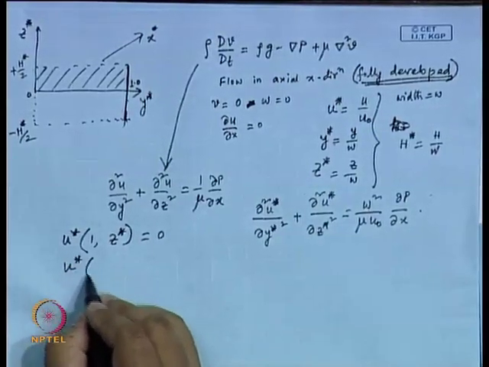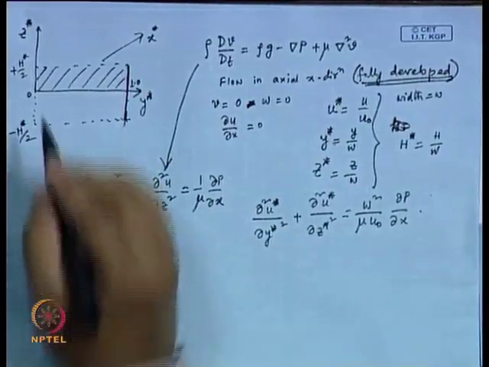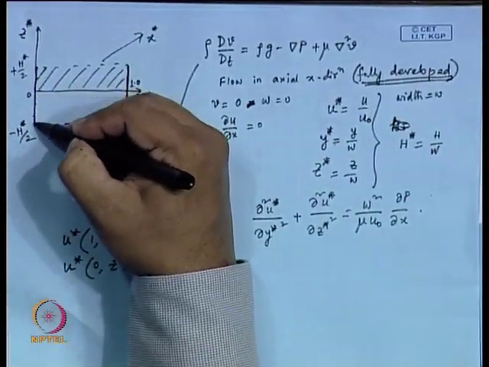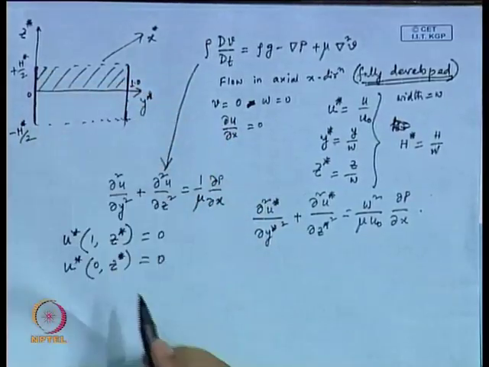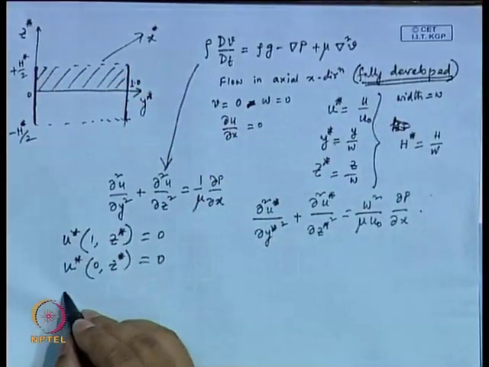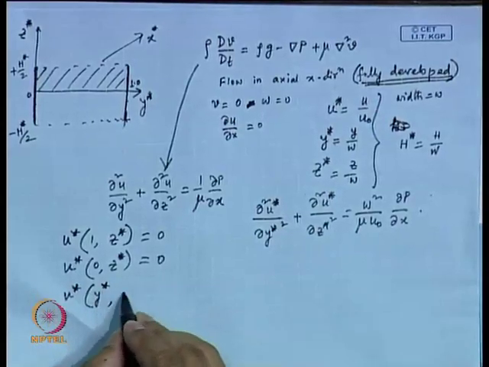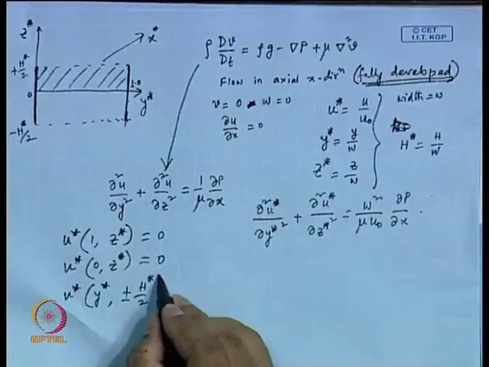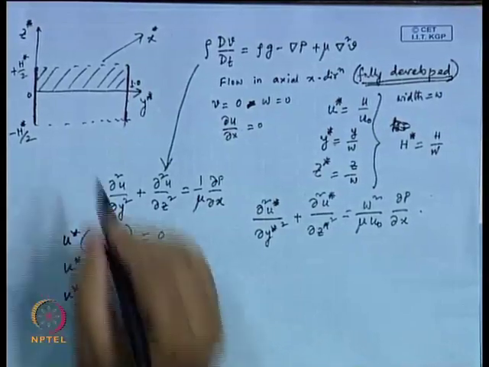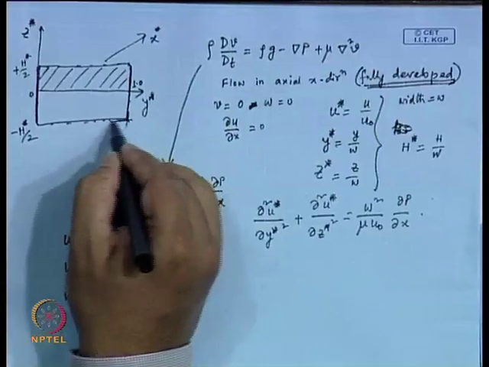U star at 0, z star is equal to 0. That means at this boundary it would be all 0 because it is a no slip, and u star at y star plus minus h star by 2 is equal to 0, no slip boundary condition.